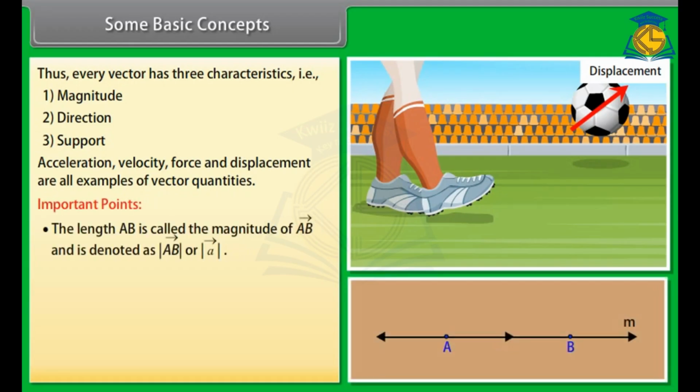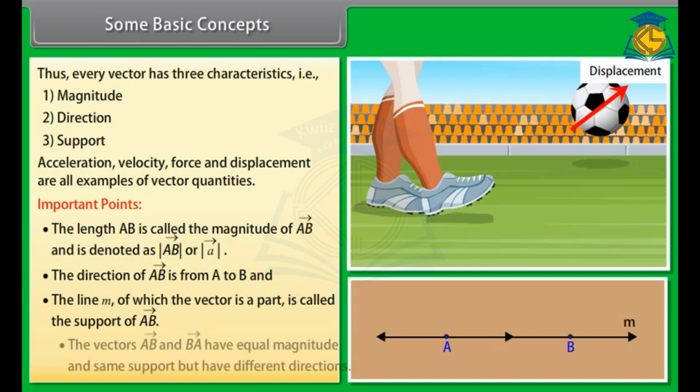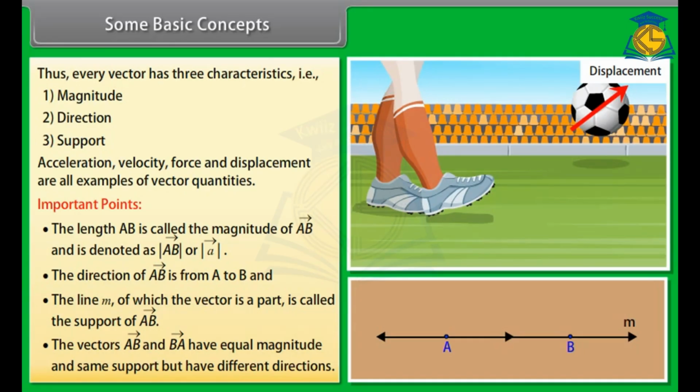The length AB is called the magnitude of vector AB and is denoted as mod of vector AB or mod of vector A. The direction of vector AB is from A to B. The line M of which the vector is a part is called the support of vector AB. Vectors AB and BA have equal magnitude and the same support but have different directions.